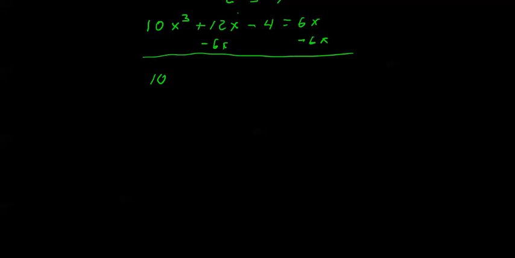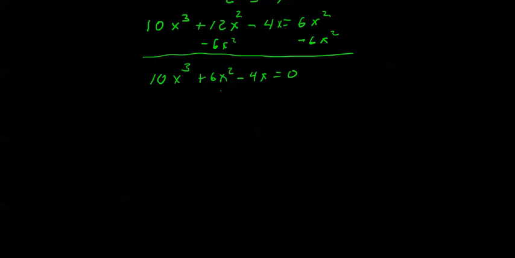Oops, this was a squared x and a squared, and a squared. Sorry about that. I copied the problem down wrong. 10x cubed plus 12 minus 6 is 6x squared minus 4x equals 0.